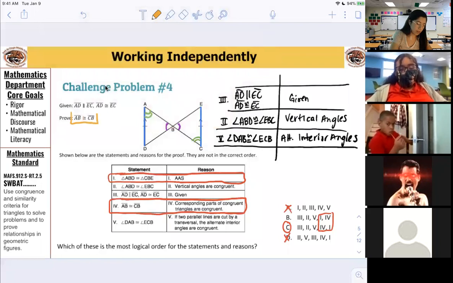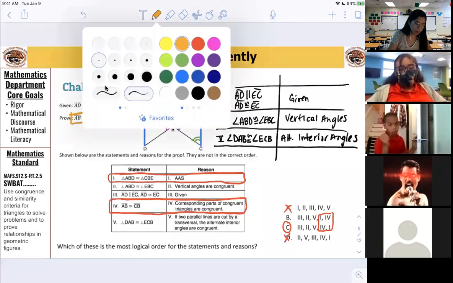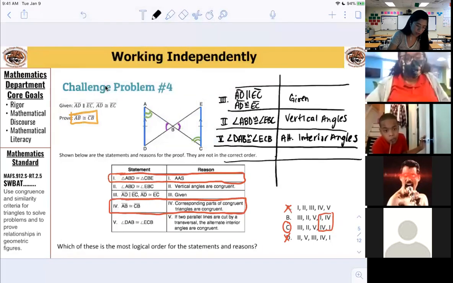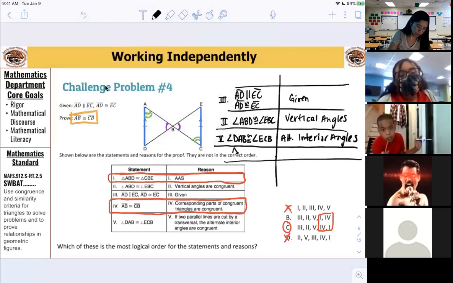Oh, so that would be B, wouldn't it? Yeah, that's not going to come next because I can't do that yet. Before I can prove that those are equal to each other, I have to prove that the triangles are equal to each other. That makes sense. So this would be number 1, which is triangle ABD is congruent to triangle CBE.